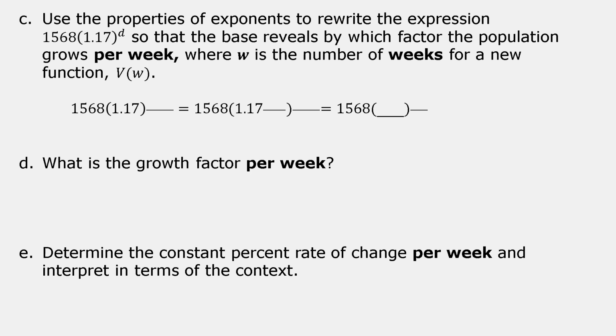So we need to replace D with W. But how many days are in a week? 7. So we need to put not just W, we need to put 7W. So you want to think of there being 7 days per week to get the amount of days. So we're going to be raising this to the 7W instead of just D.